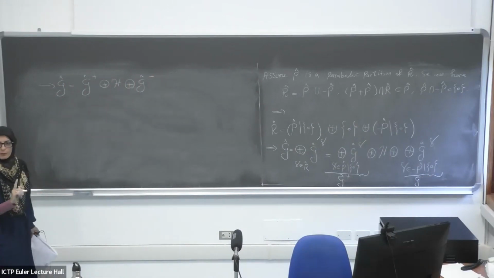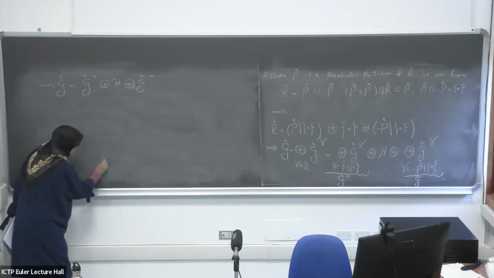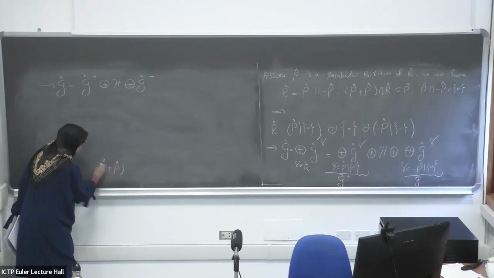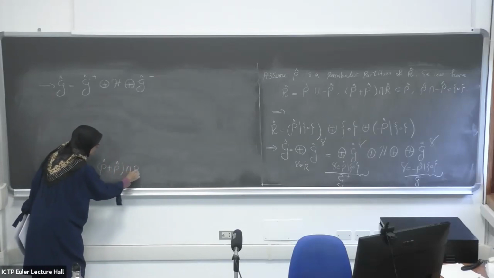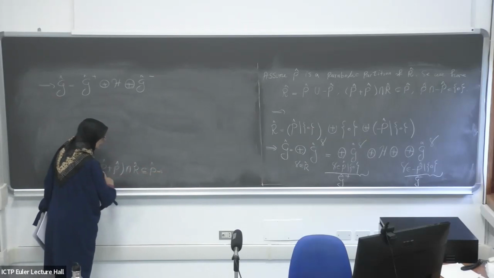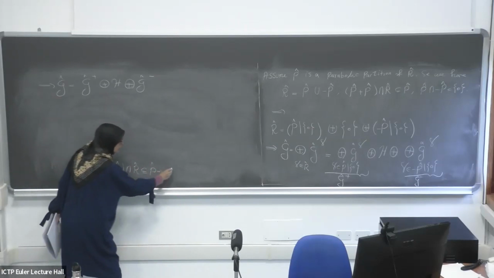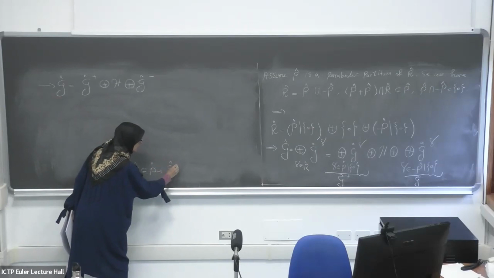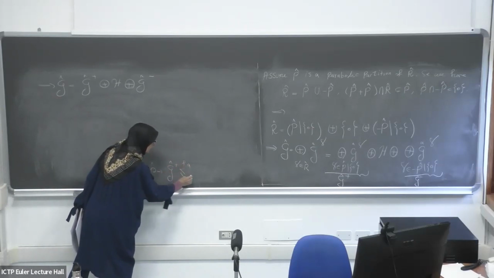And because of the property that P hat has, I remind you, P hat plus B hat intersection R hat is a subset of P hat, you can get that G hat plus is a subalgebra of G hat.